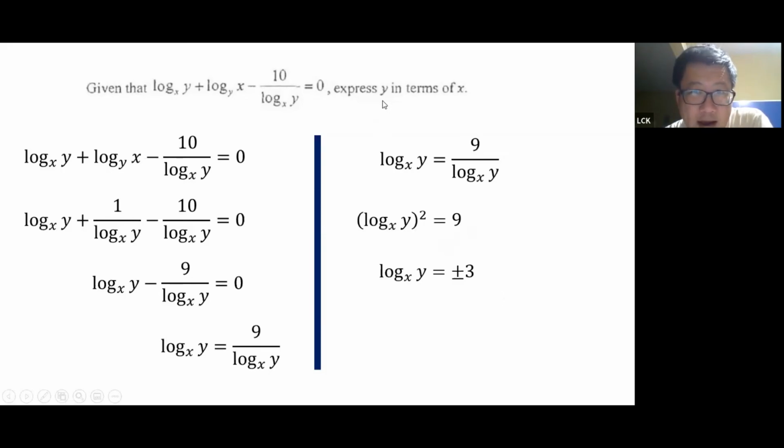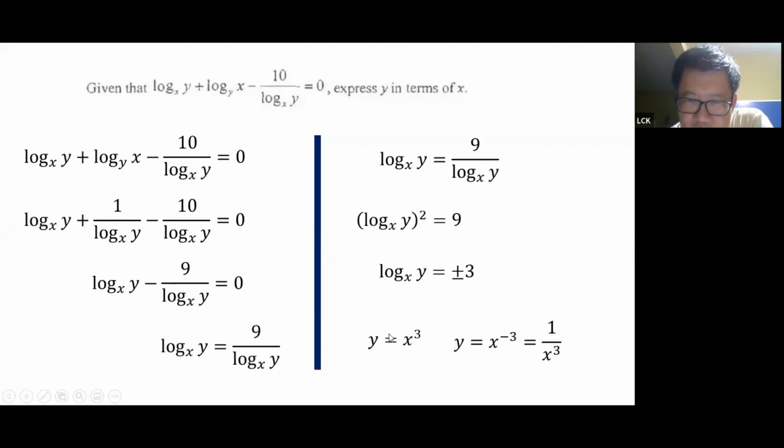All right, now the question says express y in terms of x. And this is not expressing y in terms of x. Express y in terms of x means y equals to something. And this is not y equals to something. So there's an additional step, and that is y equals to x to the power of plus 3 and y equals to x to the power of minus 3 here.